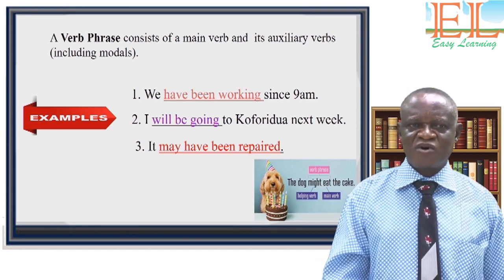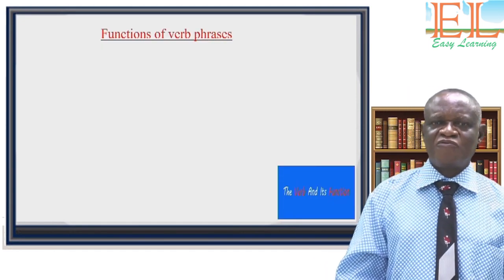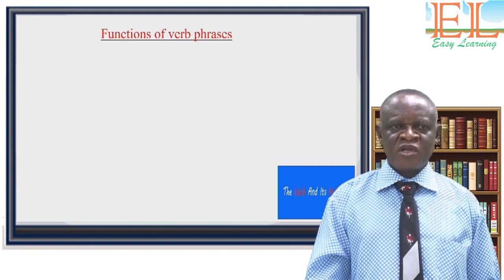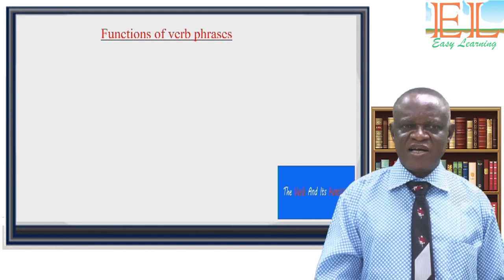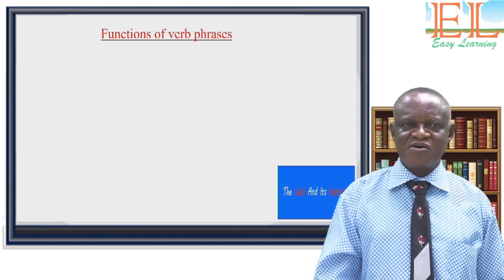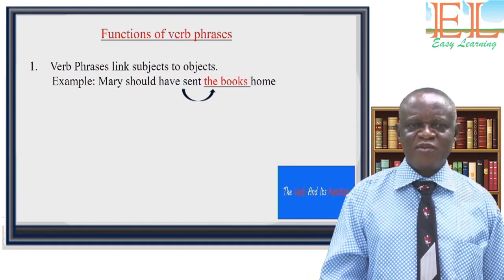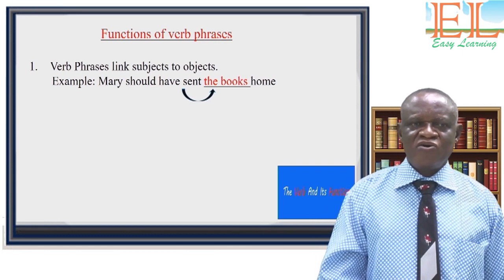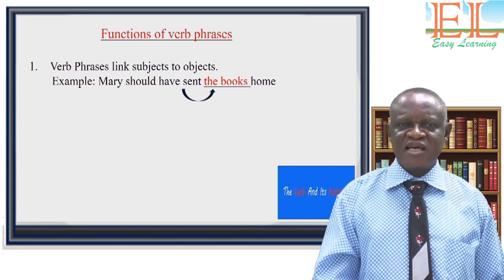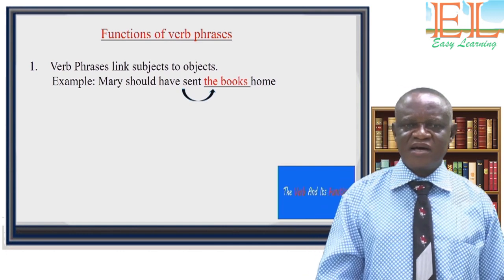Now let us look at the functions of verb phrases. As I said earlier, the verb phrase serves as a link between the subject and the other elements. So, the verb phrase serves as a link between the subject and the object.